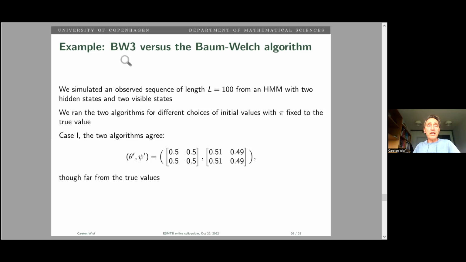So we are particularly interested in the BW3 because the BW1 and the BW2 actually perform the same way as the Baum-Welch algorithm.